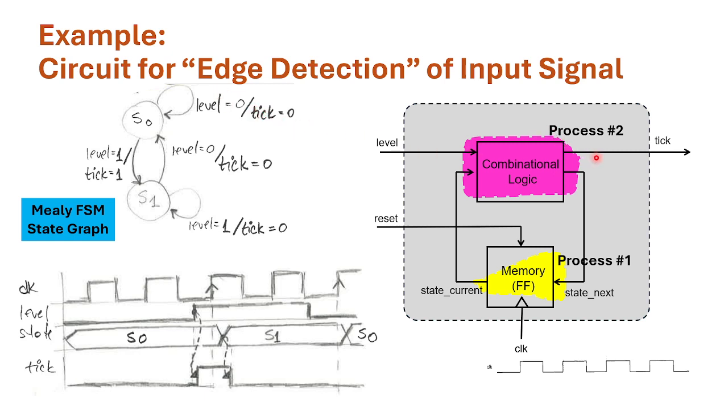Another fundamental important thing to know is that pretty much any Mealy finite state machine state graph can be implemented, synthesized, boiled down to an implementation that will have two main components. The first one is the memory cells, the flip-flops or the registers that will store always the encoded state that is referred here as state underscore current.